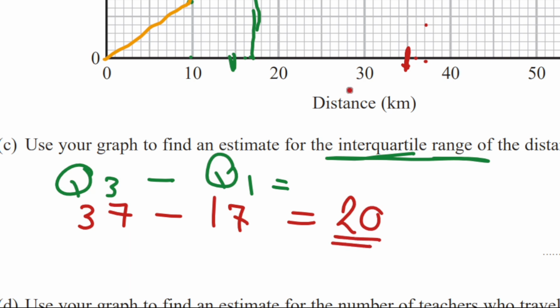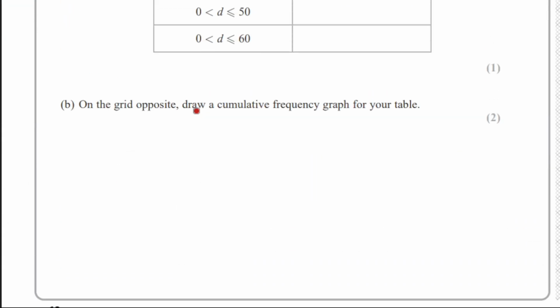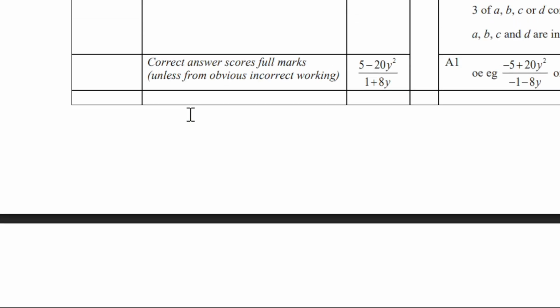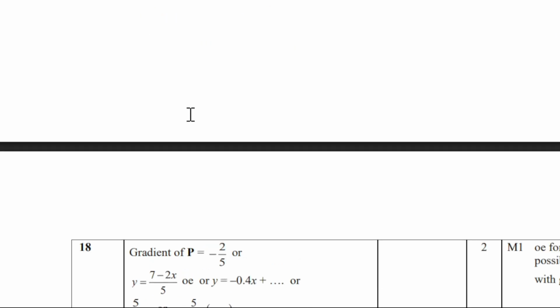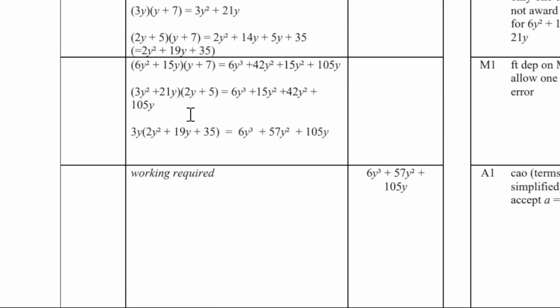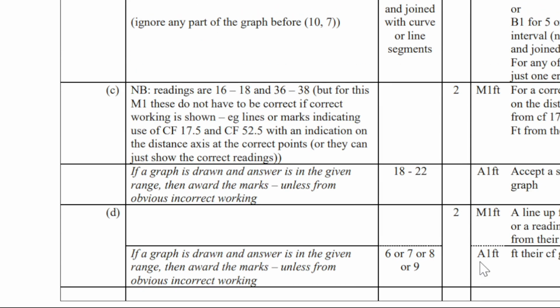We got that. The good thing is, in the mark scheme, they will give ranges for students. So that's why I made the mark scheme ready, so that you see the ranges. So that's question 13. I just want to show you the mark scheme. So question 13, here, you see the range.